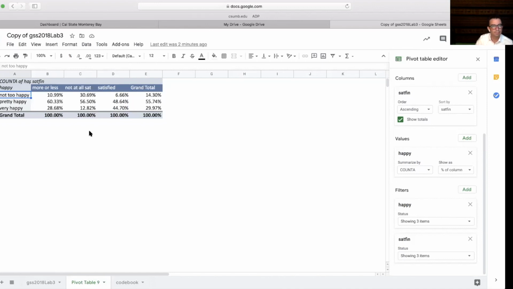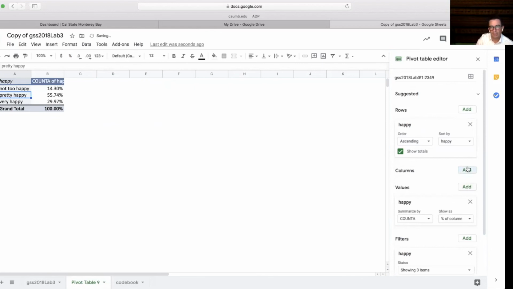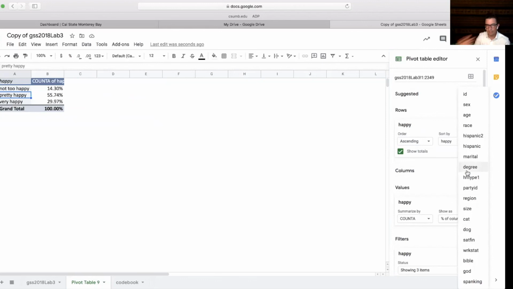So let's do one more of this, and I'm going to go quickly. I'm going to get satfin out of the columns, but I'm going to keep happy. And I'm going to add another column here that's probably not related to happiness.